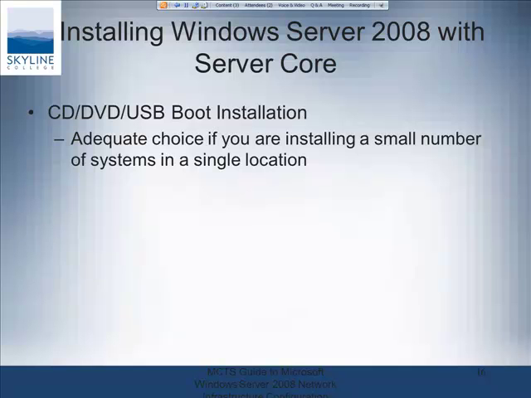The types of installations: CD, DVD, and USB boot installation, and the USB boot installation works really well. There is a piece of software that Microsoft has made that allows you to stick your USB drive in, pick the ISO and say, hey, make this bootable.